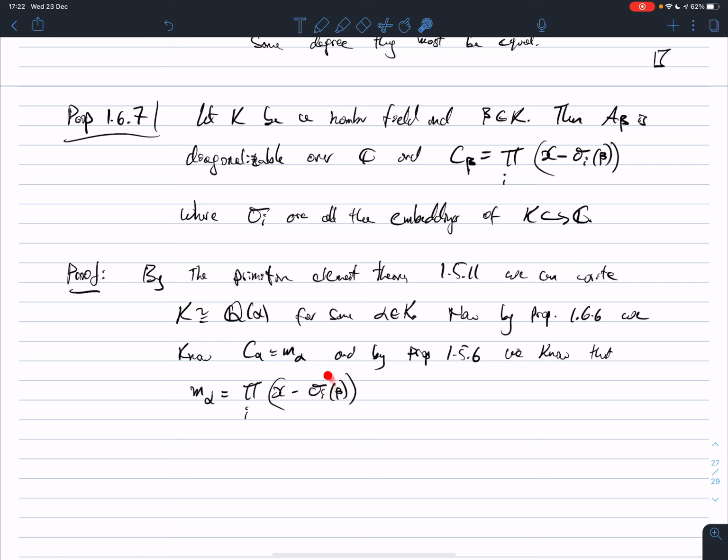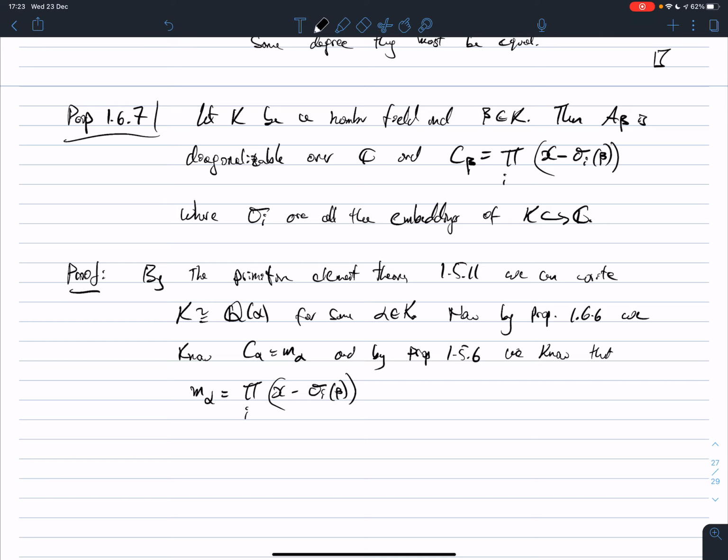Remember it told us that sigma i has to send beta to one of its conjugate roots, and a conjugate root is another root of the same minimal polynomial. So the minimal polynomial splits as a product of different conjugate roots, and each conjugate root is going to correspond to some embedding.